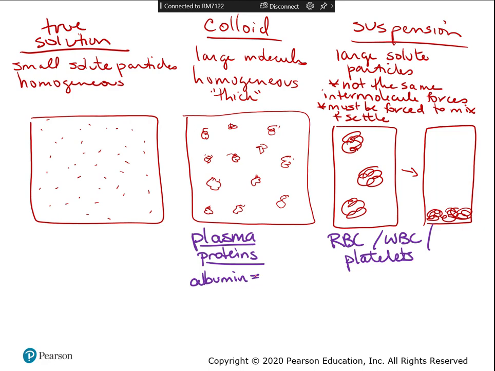Albumins are found in blood and they help to maintain water balance. Without albumins, you don't keep the normal amount of water, and so water ends up indiscriminately being gained and lost. So albumins really help in water balance.